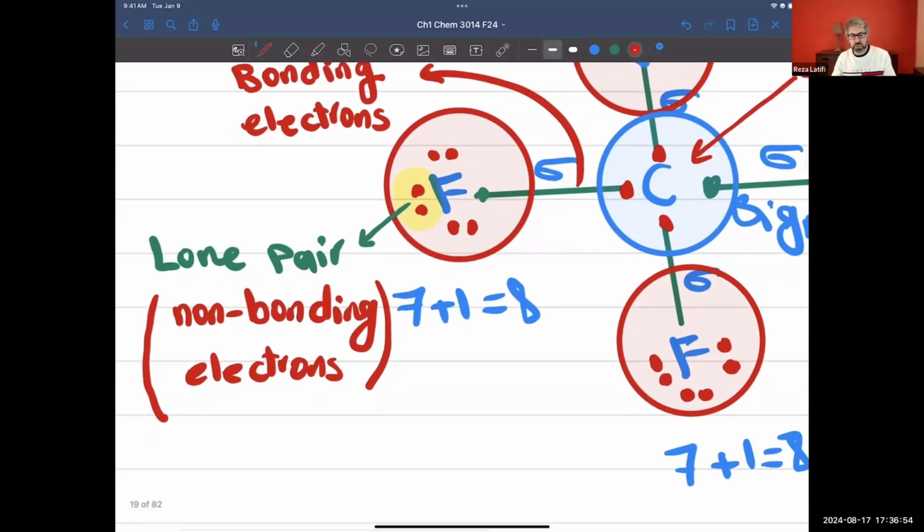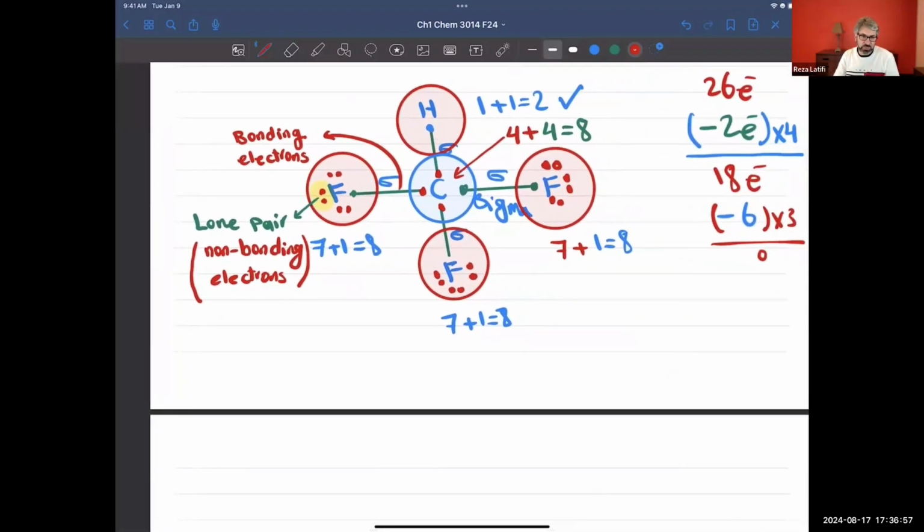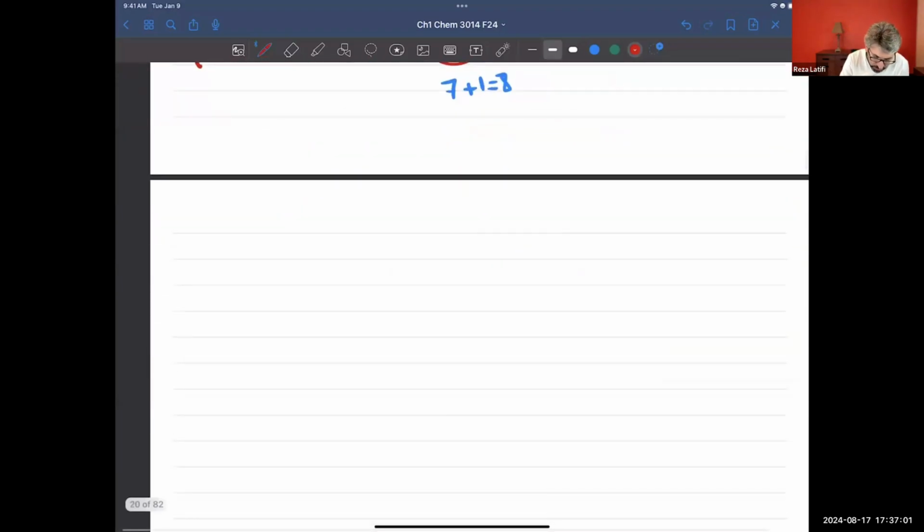Okay. So now let's go after the formal charge. How to calculate formal charge of one element. Formal charge for one atom.